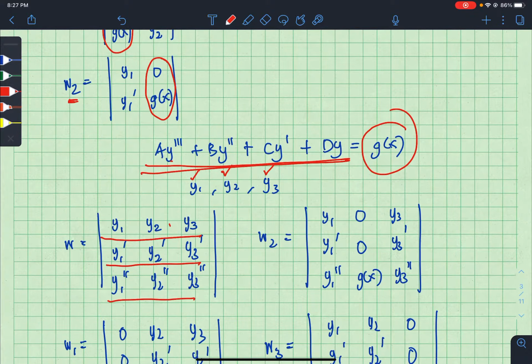So for our W sub 1, our g of x is secant theta tangent theta. So this is 0 and secant theta tangent theta. Then just copy the second column, sine theta and cosine theta. So we'll have downward is 0, then minus sine theta secant theta tangent theta.